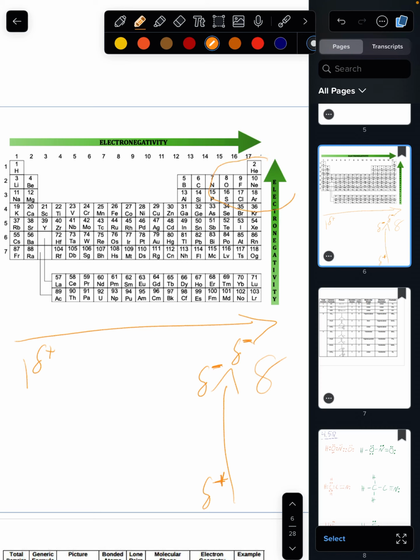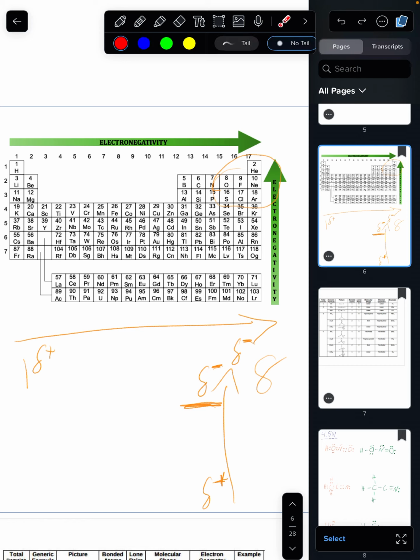So we can see over here, these are going to be our most negative kind of buddies. They're not going to share very well. They want to take all of those electrons for themselves because it has that extra electron that it wants to get rid of, because it also has more spaces, it's going to be that negative.